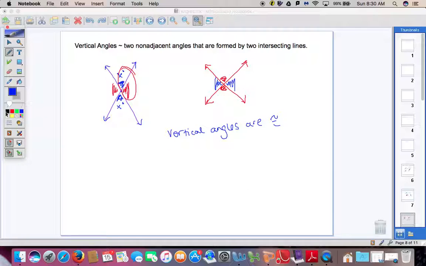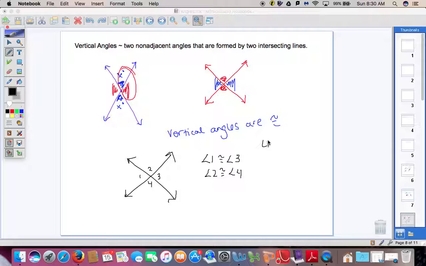Okay, so if you have two lines that intersect, and we've got this is angle 1, 2, 3, and 4, then the vertical angles here are going to be angles 1 and 3, and then we have angle 2 and 4. Okay, so those are the vertical angles.